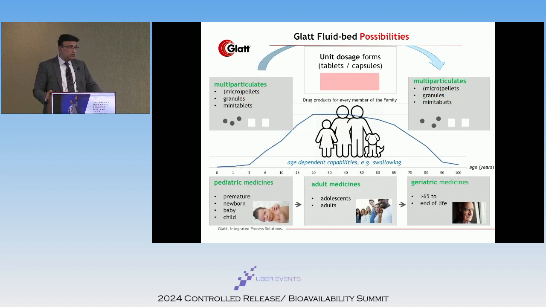Now, just to come back to where I started, looking at any API for oral administration for any therapeutic application, the processes that we have in our availability, the ones that we offer, start from granules, microcapsules, pellets, going to tablet, and then going back into sachet, powder for dispersion, and so on and so forth.